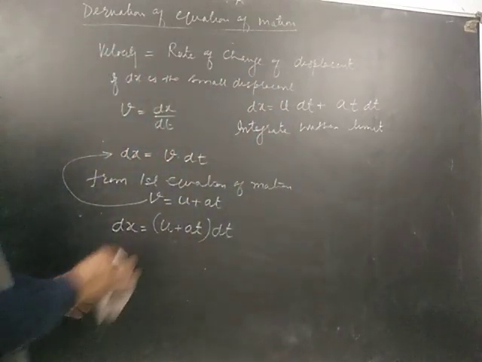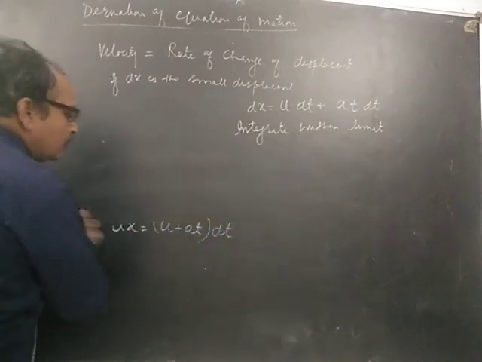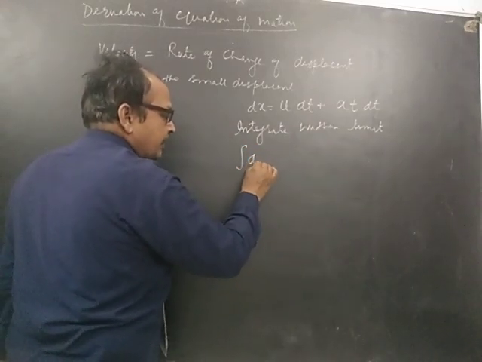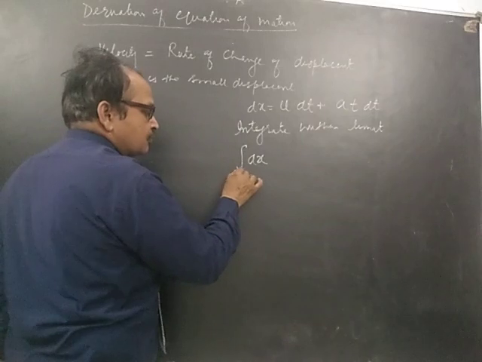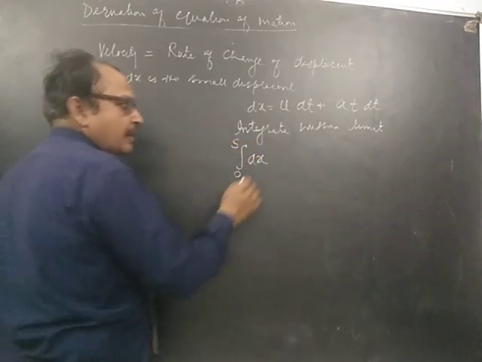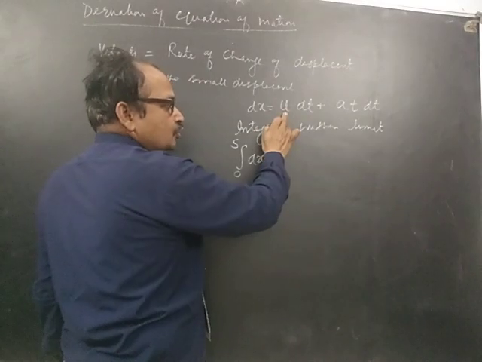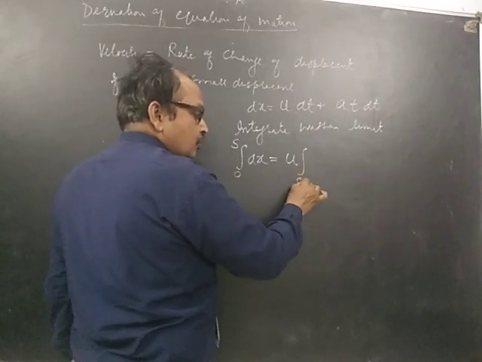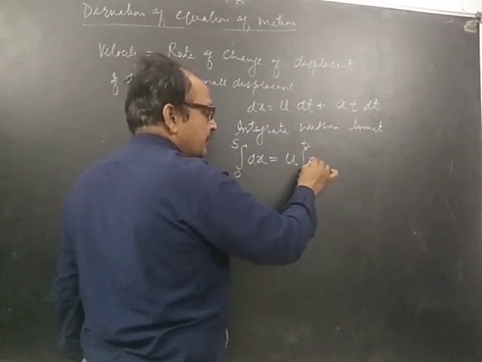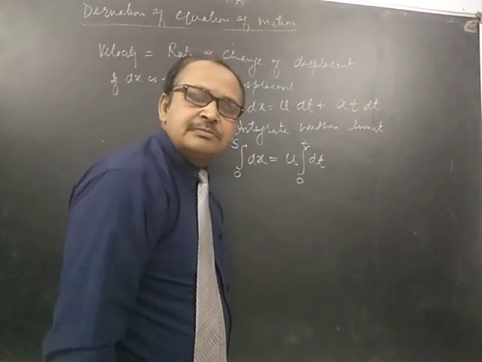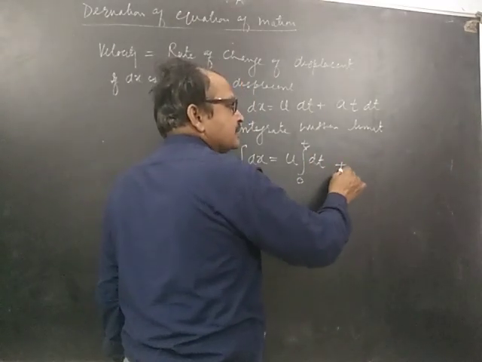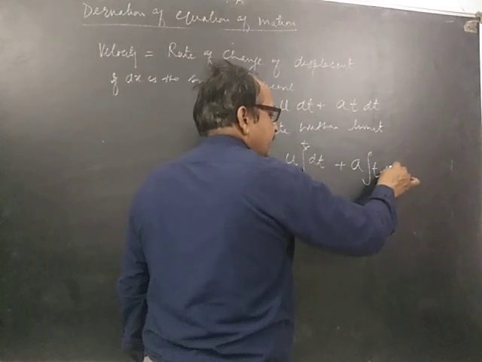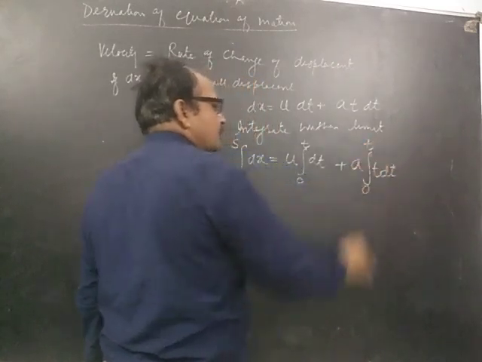So let us continue further. When you integrate this, you have to apply the integration symbol. So integration of dx from 0 to s, because this is nothing but displacement. Now u is a constant term, so u will come out, and we have integration of dt from 0 to t, plus a is constant, and integration of t dt from 0 to t.